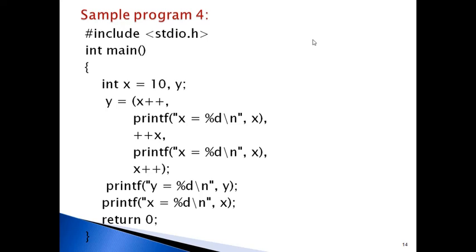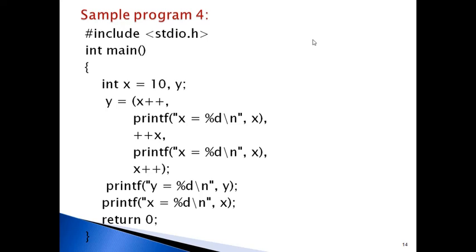While assigning the y value, y is equal to, here within the parenthesis, x++ x incremented, comma, printf x = %d, comma x, printf statement, comma, pre-increment of x, comma, printf function, comma, x++ post increment of x, parenthesis closed, semicolon.